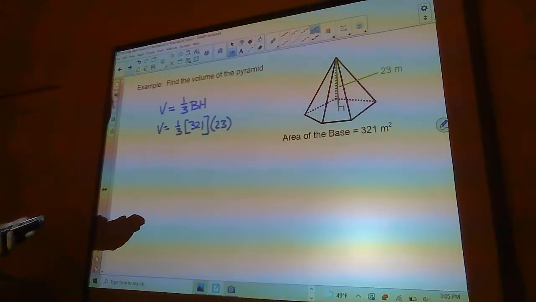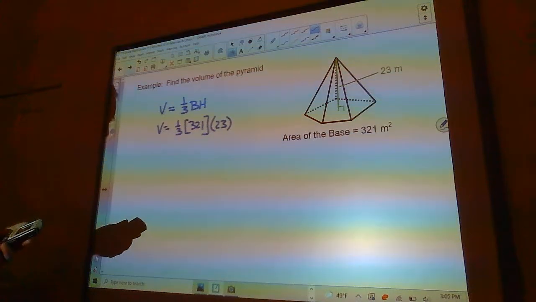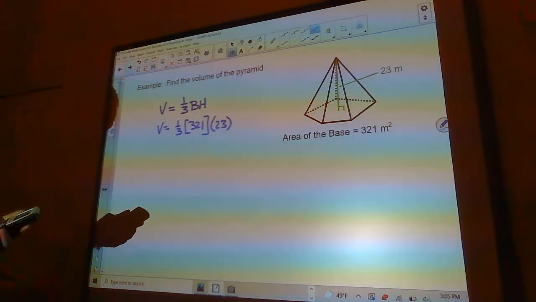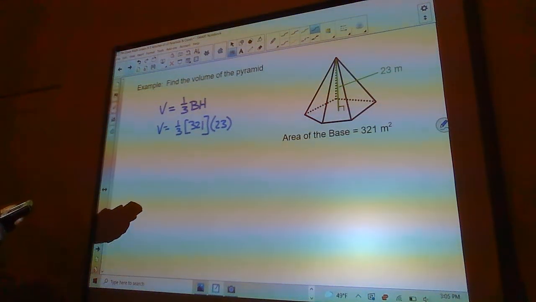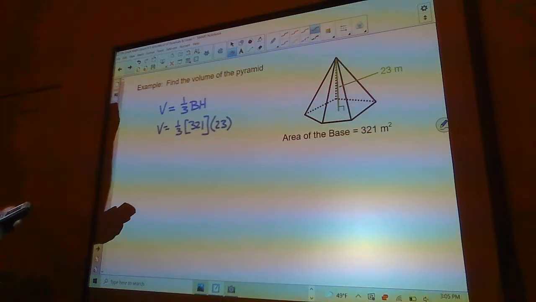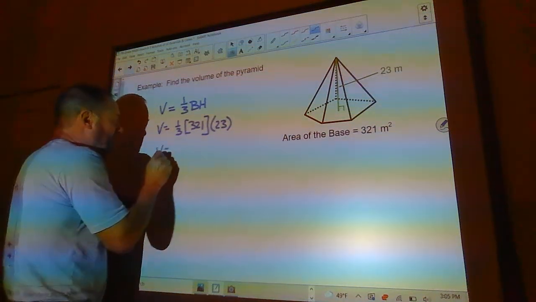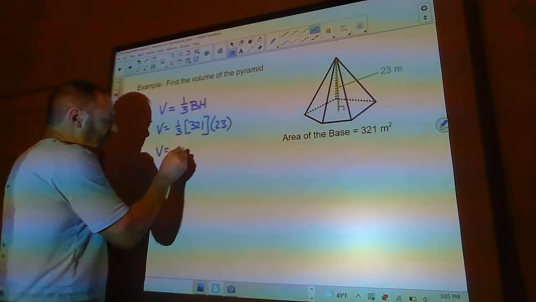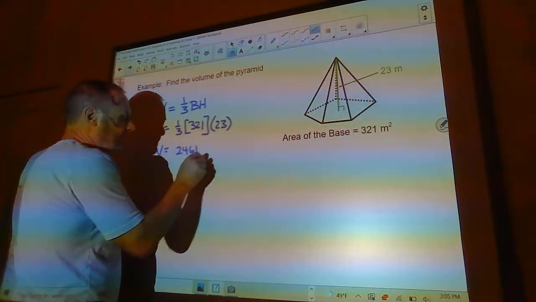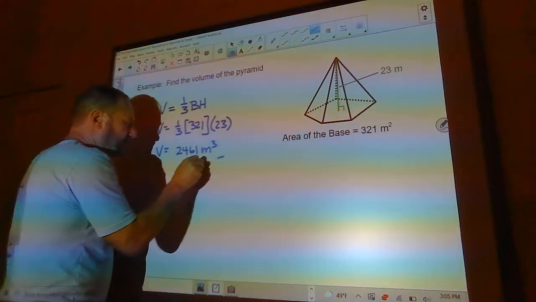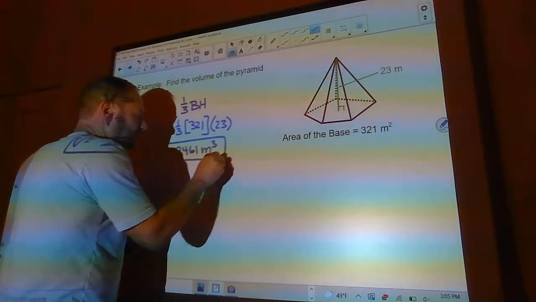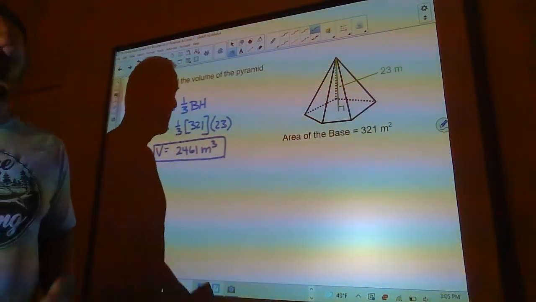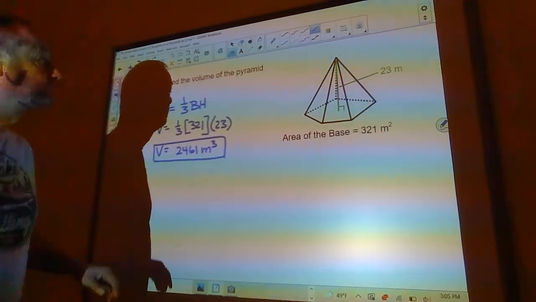We can just multiply that together. 321 times 23 divided by 3 comes out to be, remember, multiplying by 1/3 and dividing by 3 is the same thing, 2,461 cubic meters. That one was really easy because I was given the area of the base.